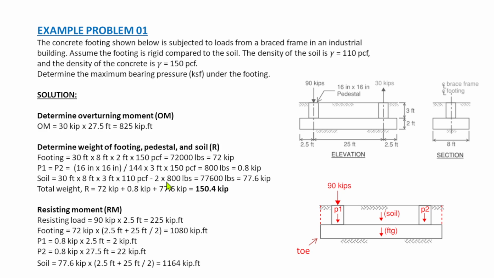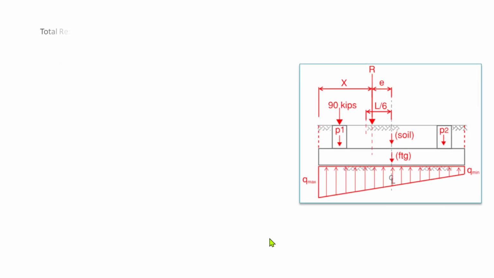We already deducted the weight of the pedestal. Since the soil is symmetrical in our layout here, we will just take it to the center. So weight of the soil times the moment arm, 2.5 plus 25 over 2, that would give us 1164 kips feet, the soil.